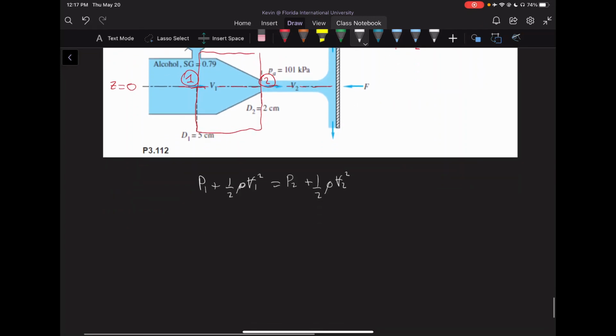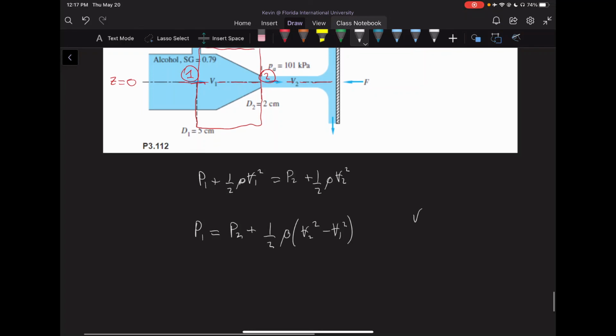We can rearrange this equation to say P1 is equal to P2 plus 1/2 times rho times V2 squared minus V1 squared, by bringing V1 to the right side. Now we know V2, we know density, and we know pressure 2. Pressure 2 is equal to P atmospheric, which we're given in the problem. The only thing left to know is V1.